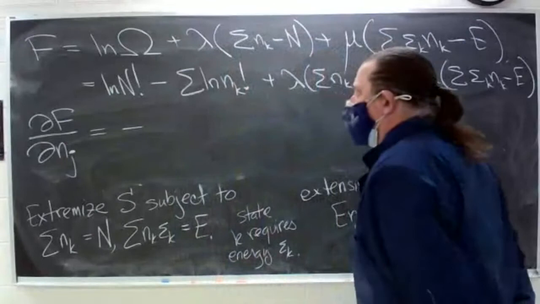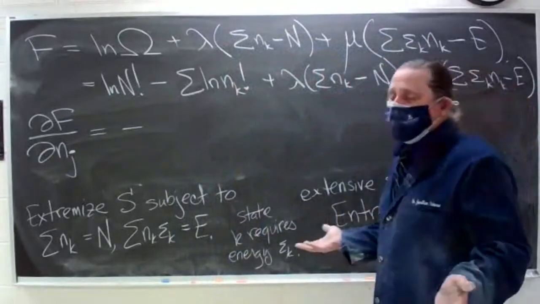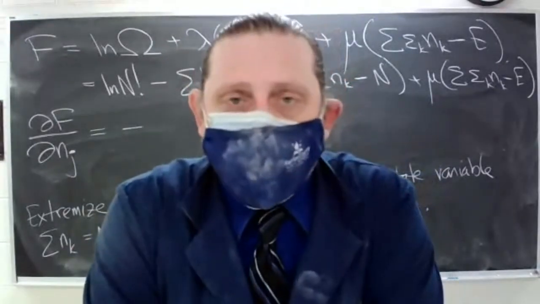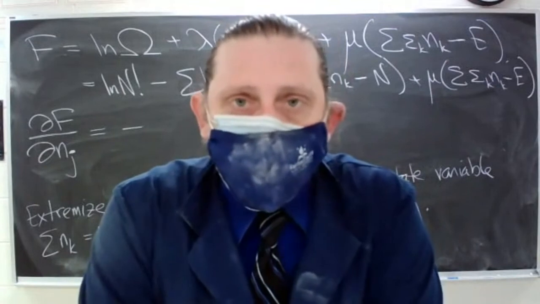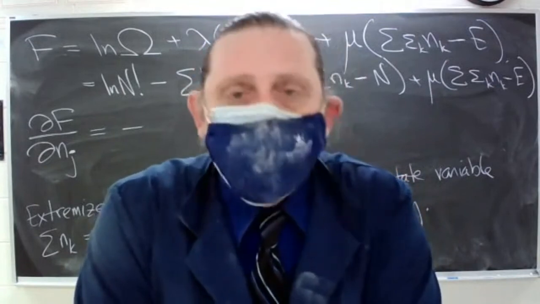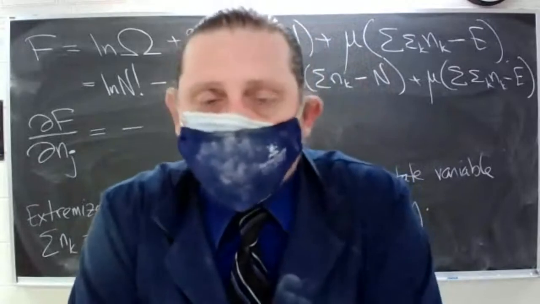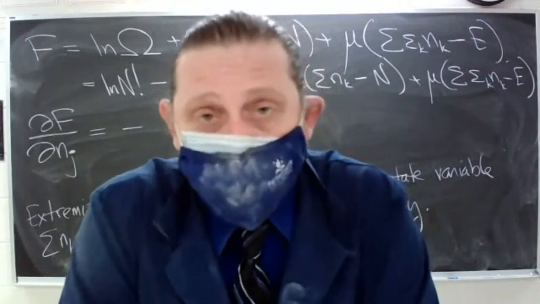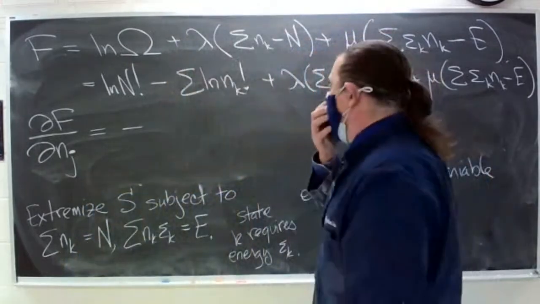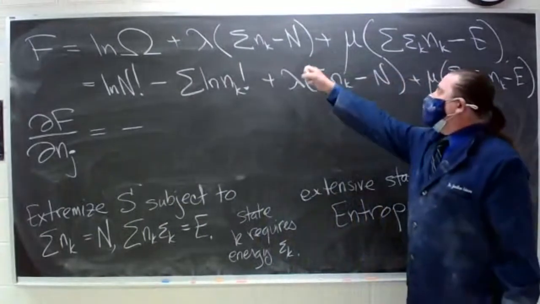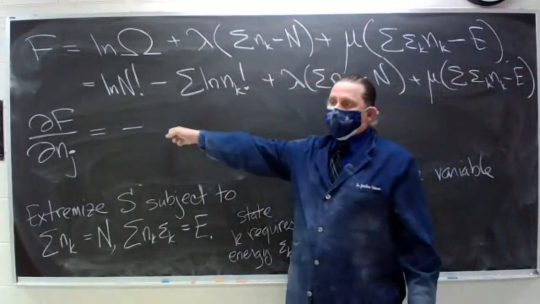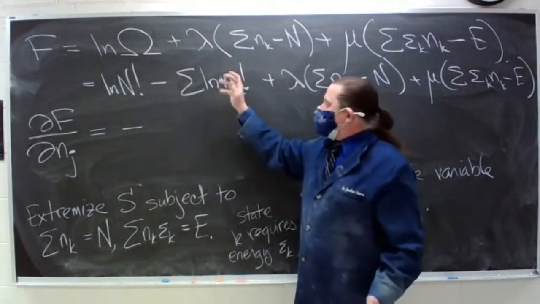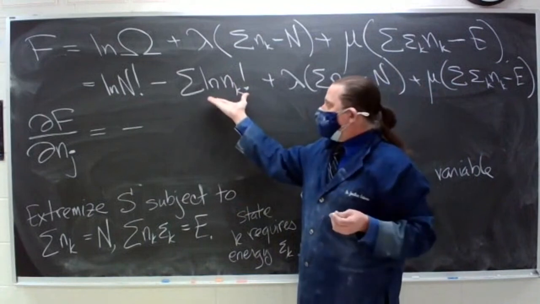It's just like when we were looking at our ellipse, we didn't have to worry about x and y having to satisfy the equation of the ellipse when we were looking at the derivative of f with respect to x and f with respect to y. We just let them be whatever they want. But then when we solve the system, the constraint equation is one of the equations. That's the role of lambda and mu in this equation. It's to impose a constraint.